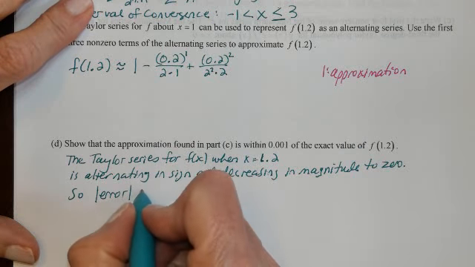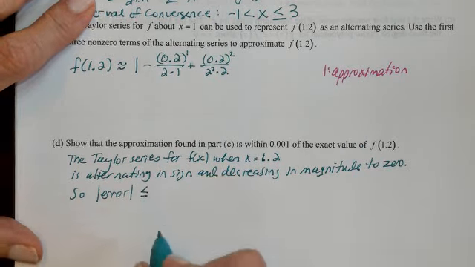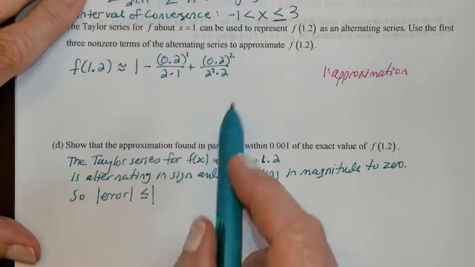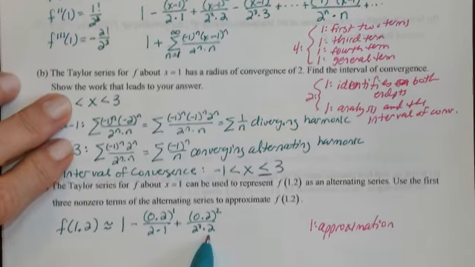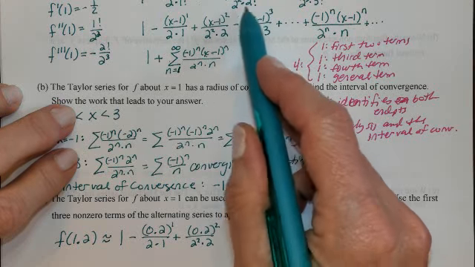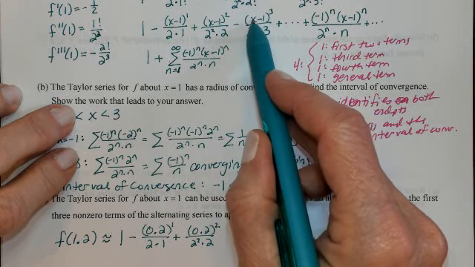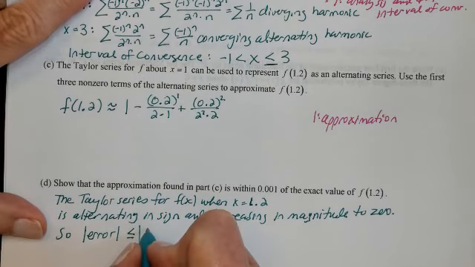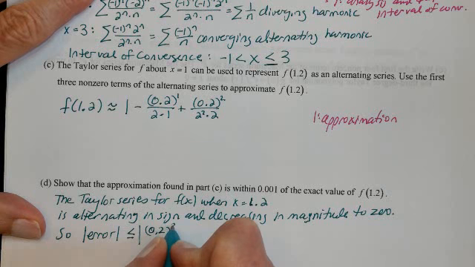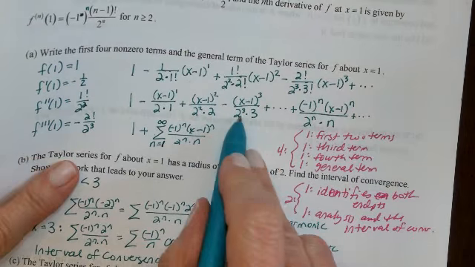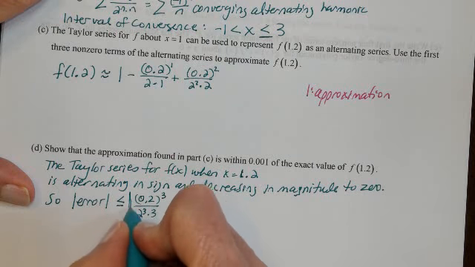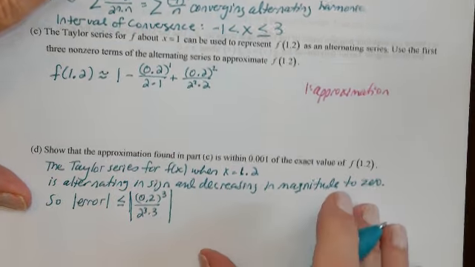So the error here is less than or equal to the absolute value of the first omitted term. What was our first omitted term? Coming back up here, our first omitted term would be this with 1.2 in for x. So 1.2 in for x makes that 0.2 cubed over 2 cubed times 3, with absolute value bars.